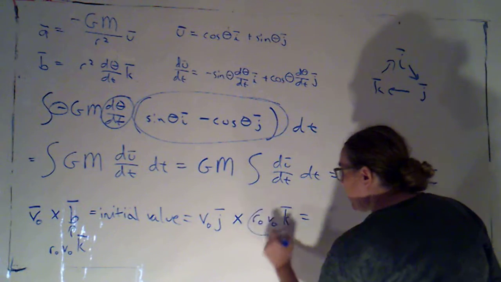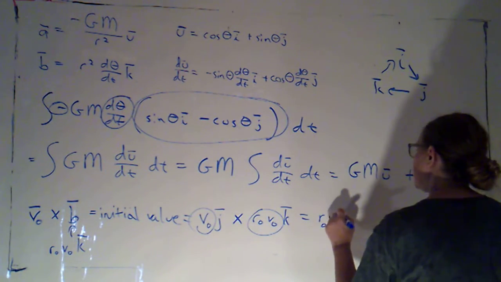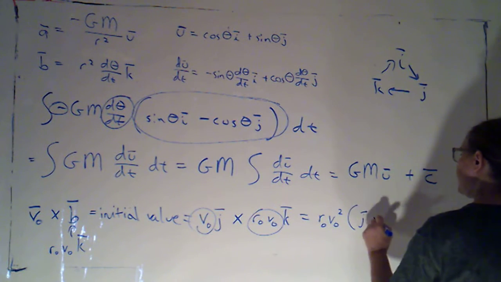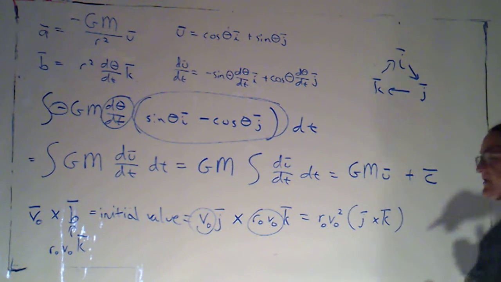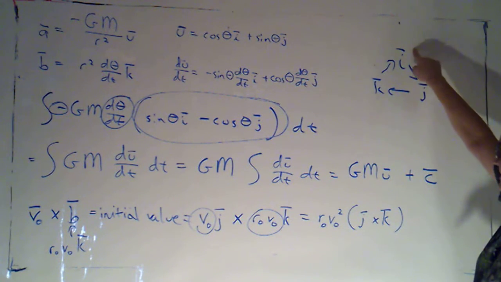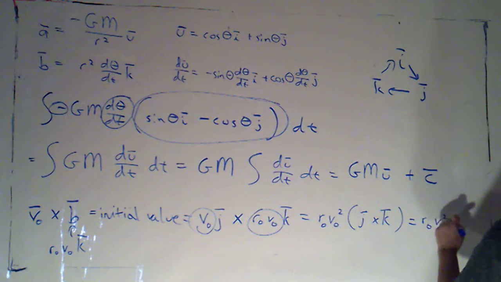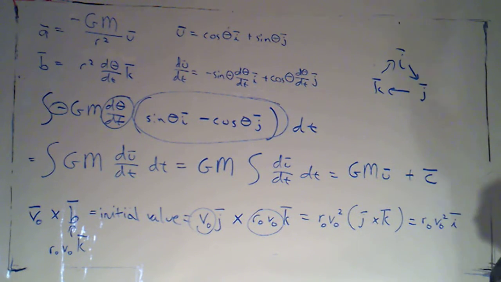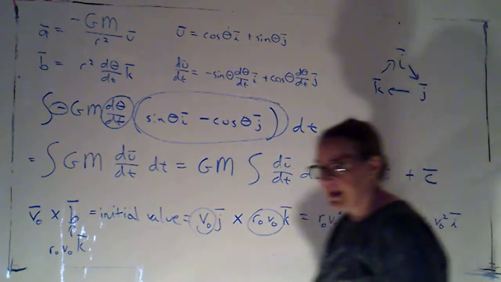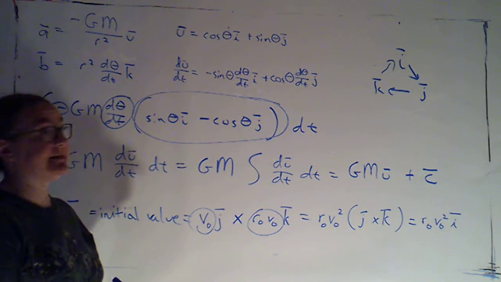That's going to be, let's pull those scalars in front, r naught v naught squared copies of j crossed with k. j crossed with k is equal to i. So we're going to get r naught v naught squared copies of i. Okay, excellent. Now that's what we get when t is equal to 0.